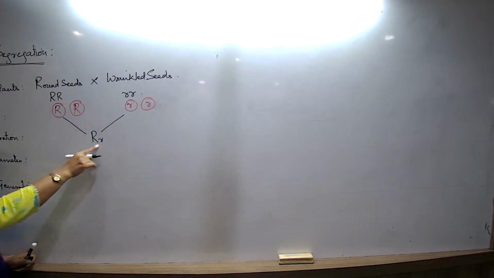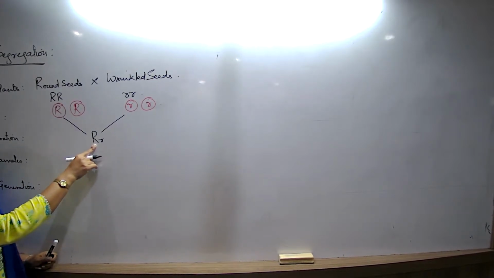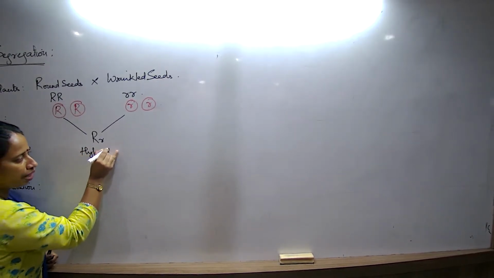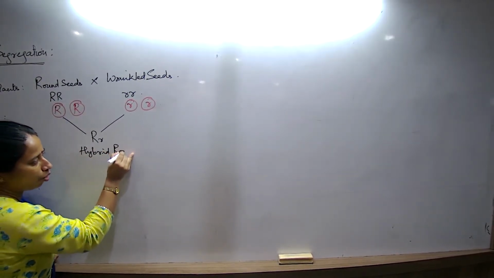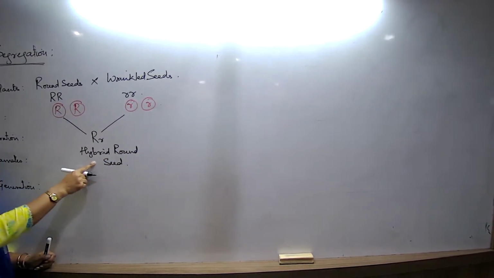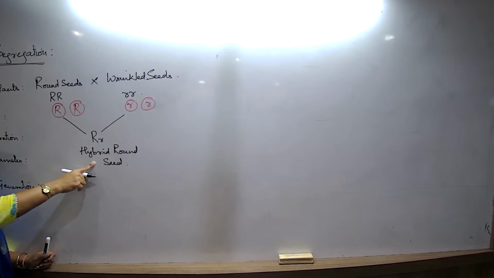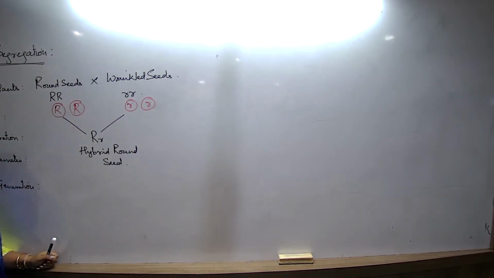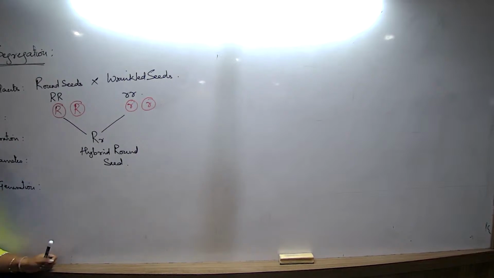Now, out of these two, which one is dominant? So, what will be the shape of the seed? Round. So, we will write this is hybrid round seed. This is known as phenotype. How does the seed, plant, flower look like? Phenotype.